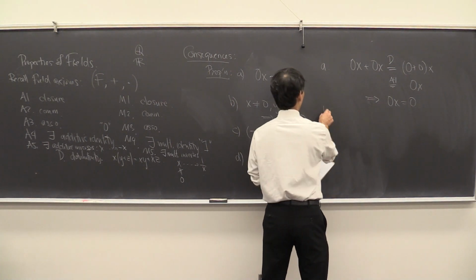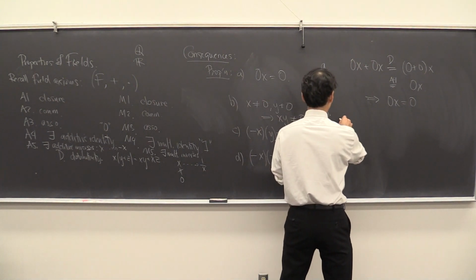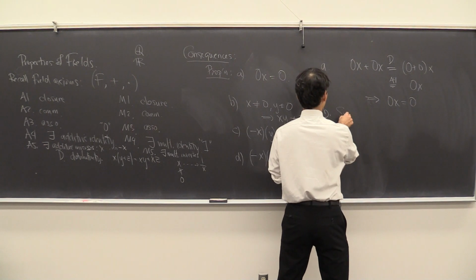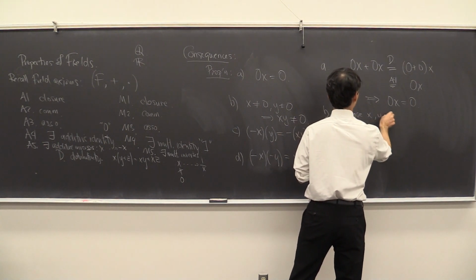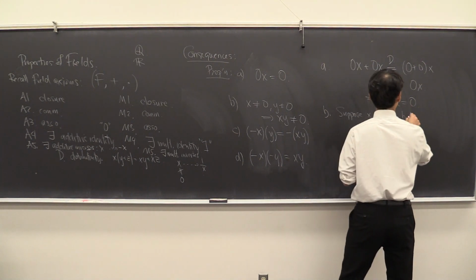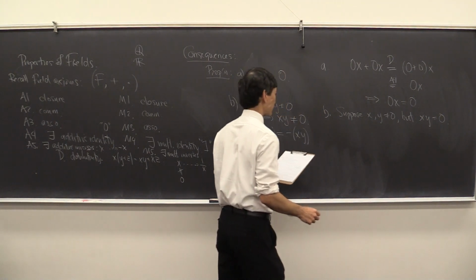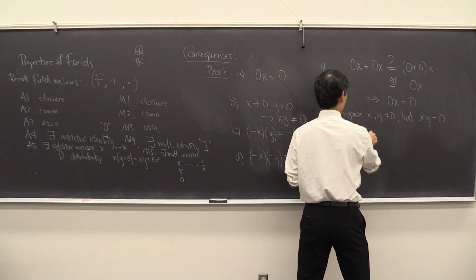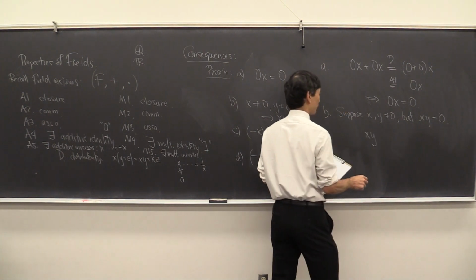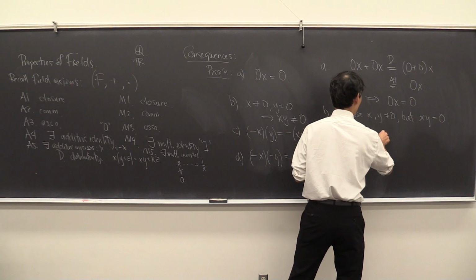Okay. B, we'll do proof by contradiction. Suppose that x and y are non-zero, but xy equals 0. Okay. So x and y being non-zero means that, so let me write like this.